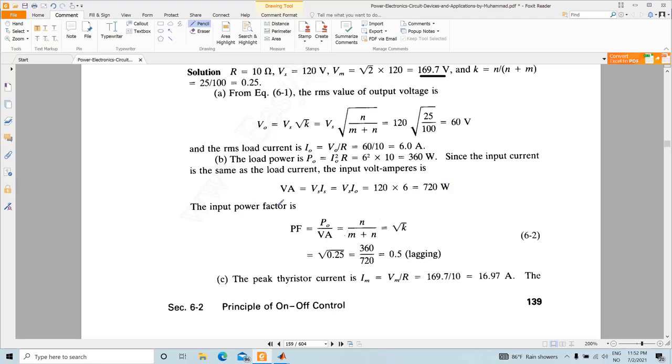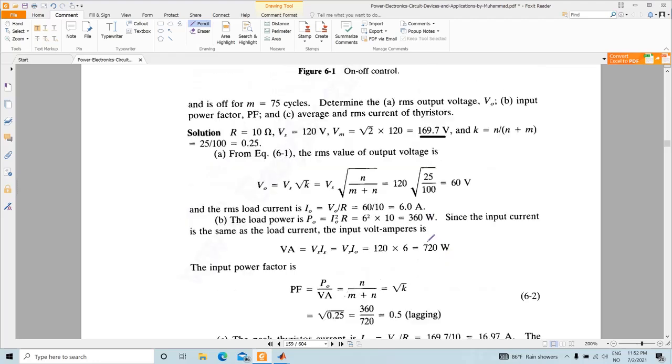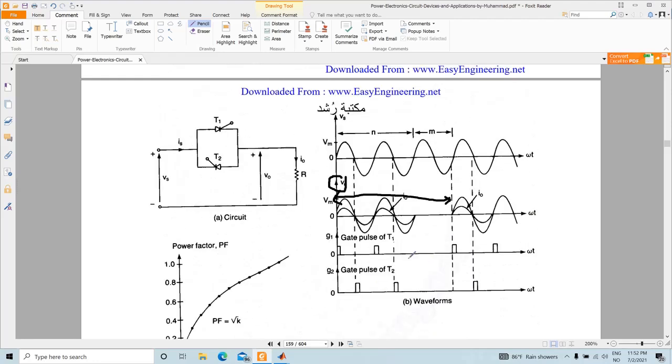So the input power factor is this output power divided by input volt ampere, which corresponds to 360 divided by 720, which is 0.5, and this is lagging because our current here is lagging actually.